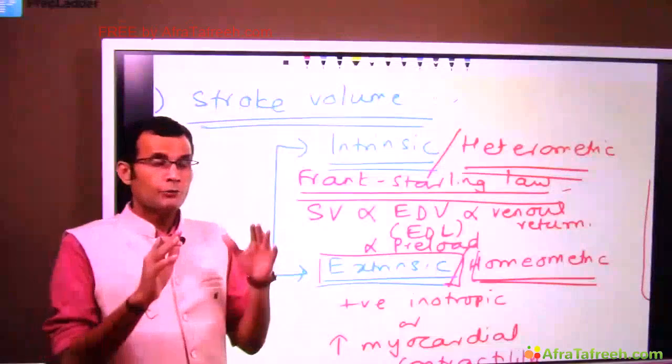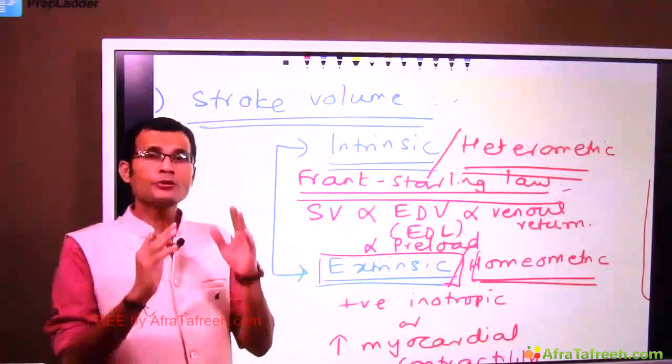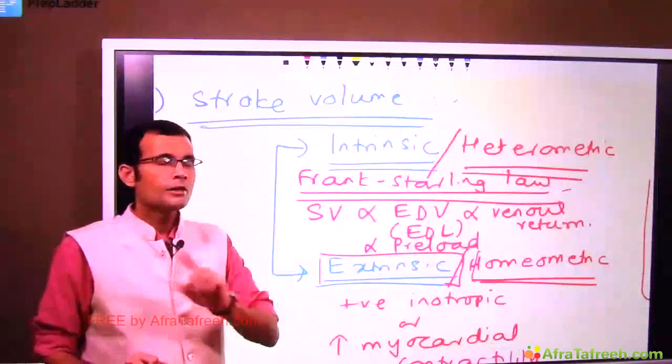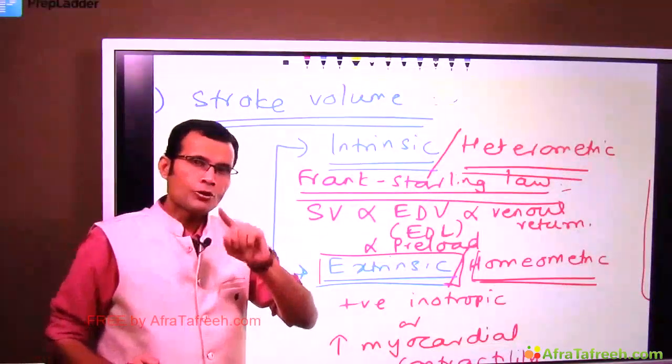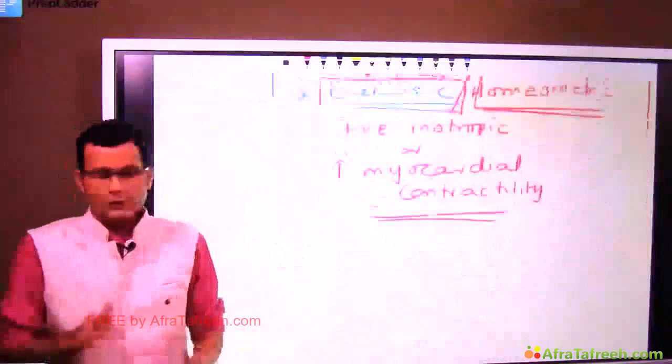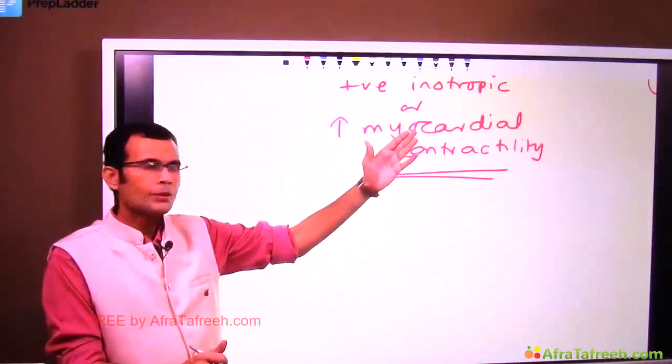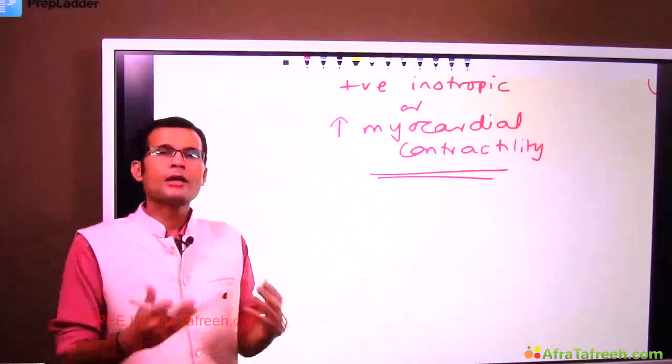Okay, Frank-Starling law also produces a stronger contraction of the ventricle, fine, but when you talk of contractility, it's not by increasing the length of the ventricular fiber. It is by some other mechanism.